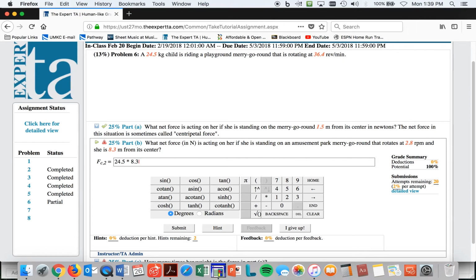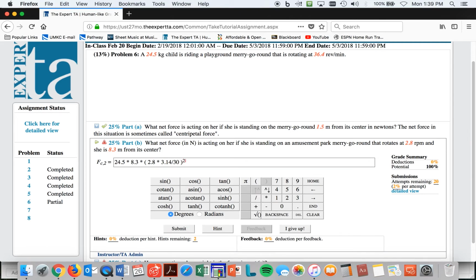It's going at 2.8 times, in parentheses, 2.8 times 3.14 divided by 30, close the parentheses, squared. There's my RPMs times pi divided by 30, so I've got my radians per second. All right, boom. Submit.